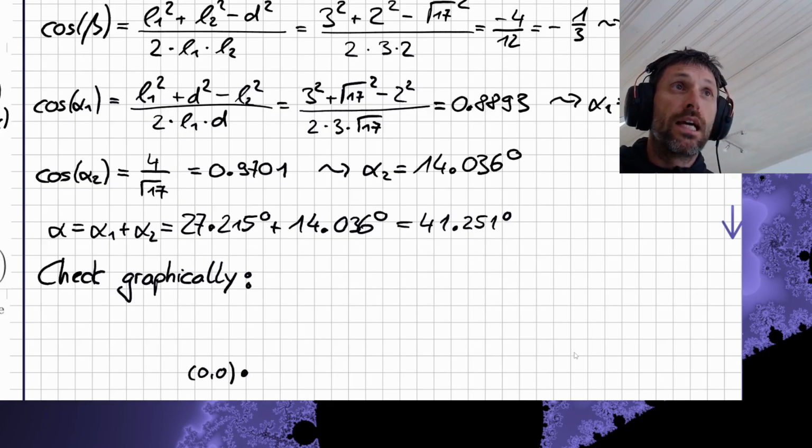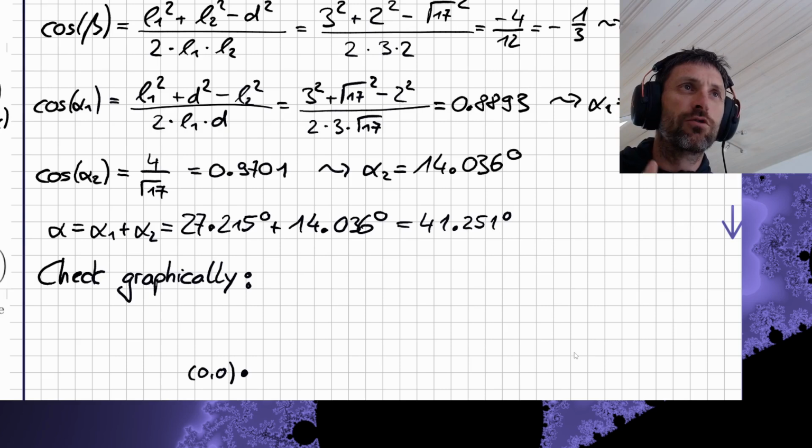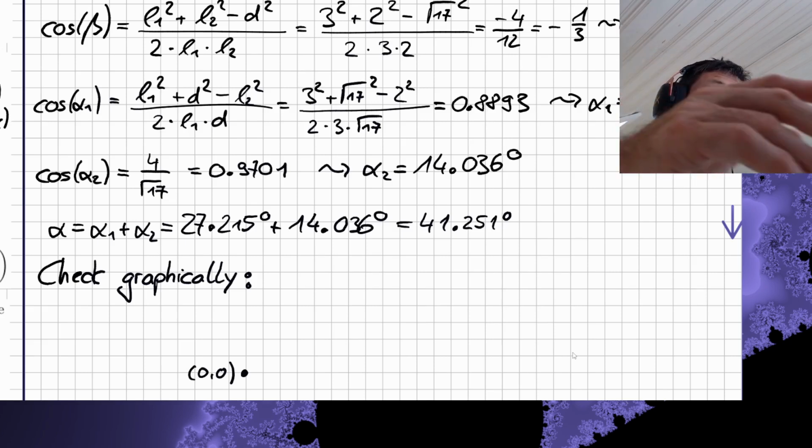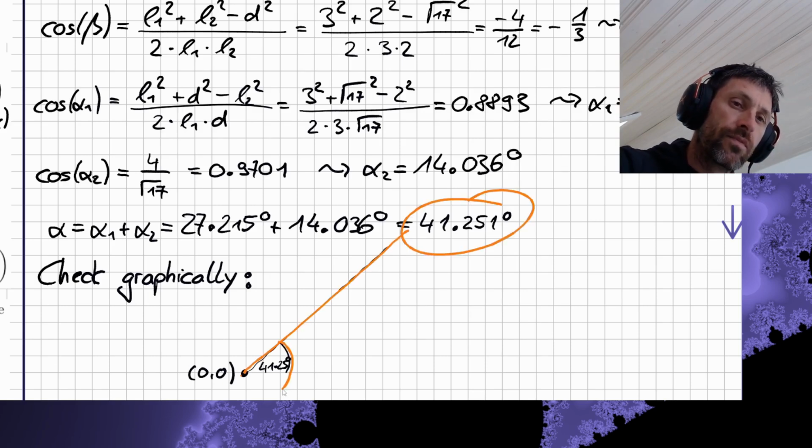Okay, and we can check our solution. I don't want to make a video and after publishing that video some error shows up, which I always want to avoid, so I like to check my solution, and this time we can check graphically. Let's draw this line at this angle.